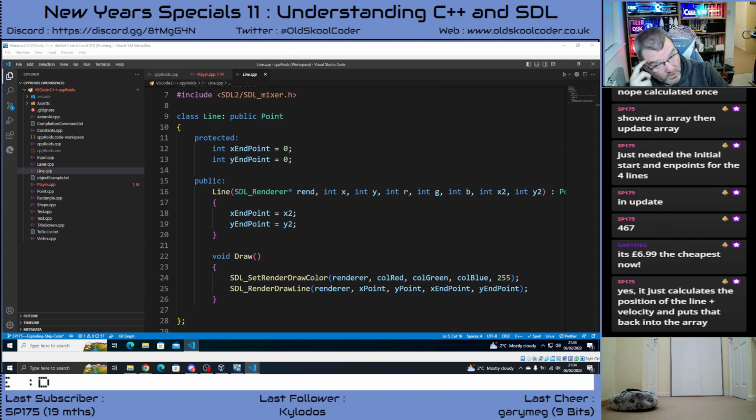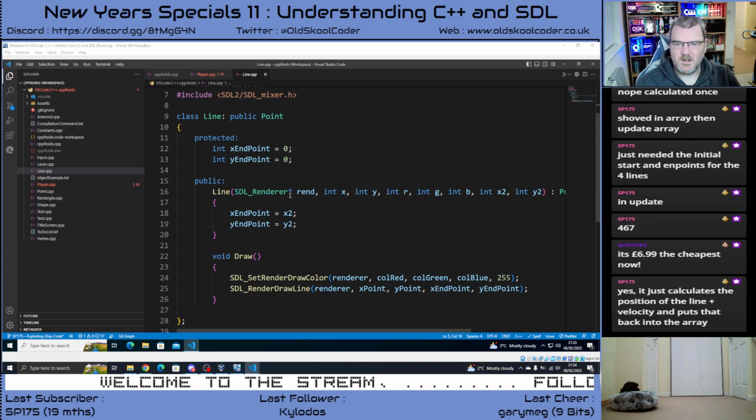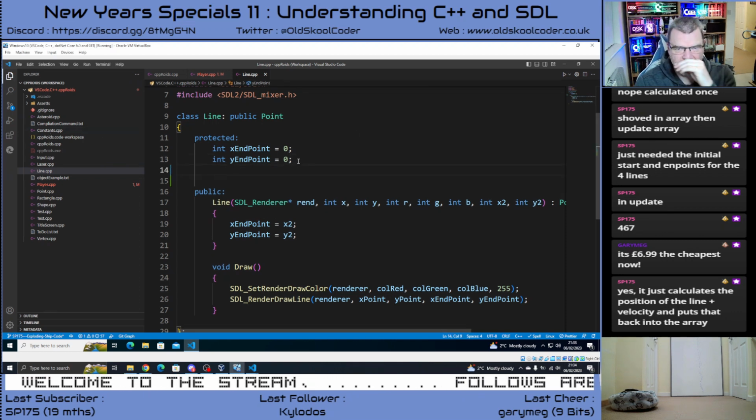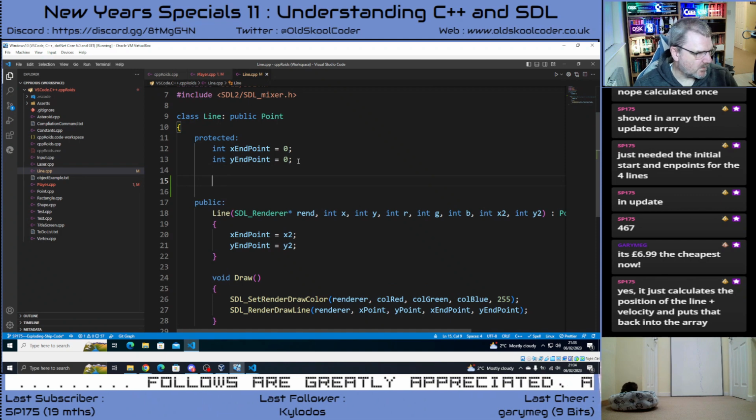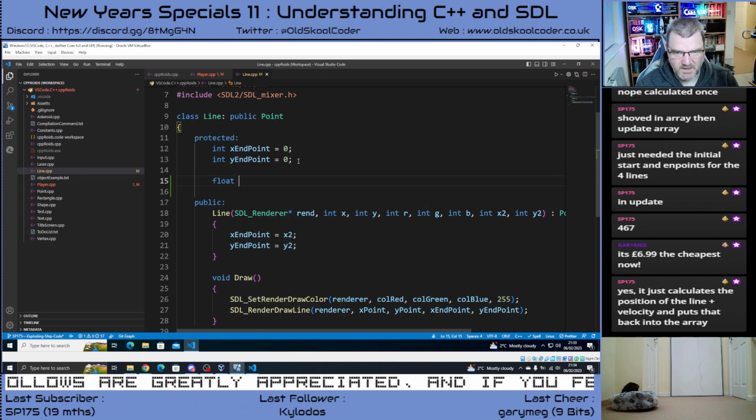Right, I'm gonna do it slightly different. I'm actually gonna put it into the line. So we've got the point. What we need in here is going to be a float, isn't it?